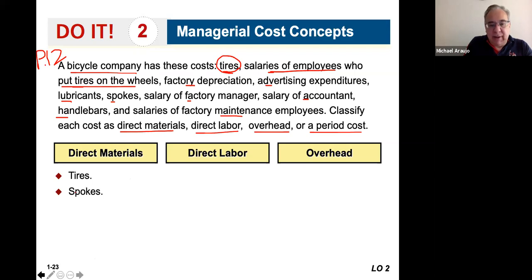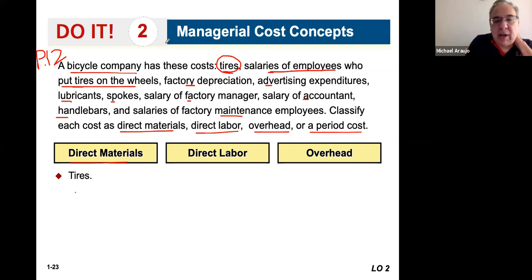But since this screen lists other direct materials, let's figure out which ones they are.